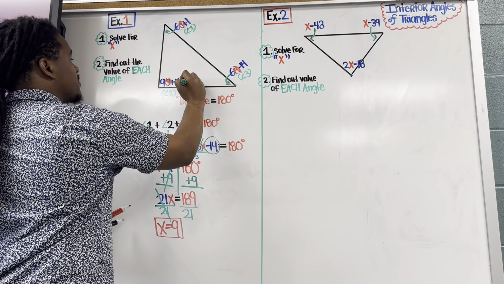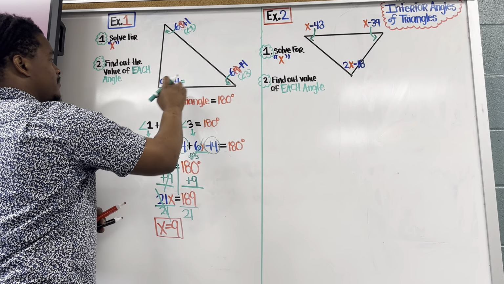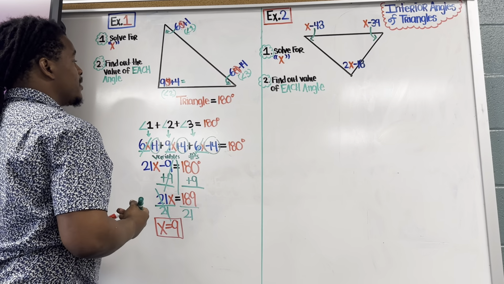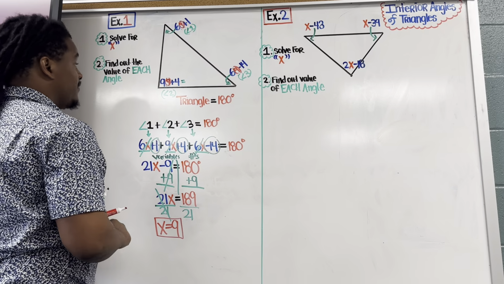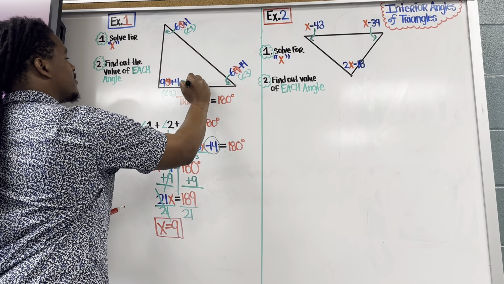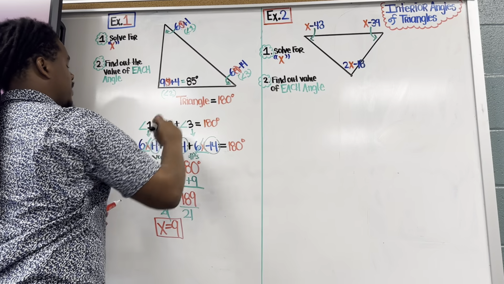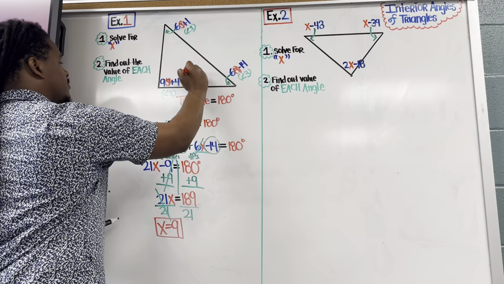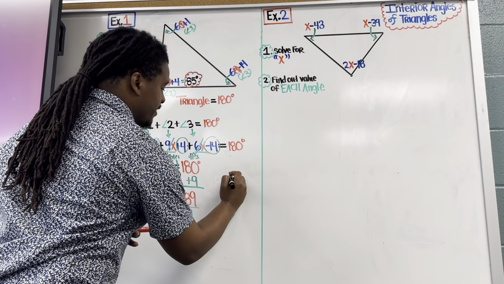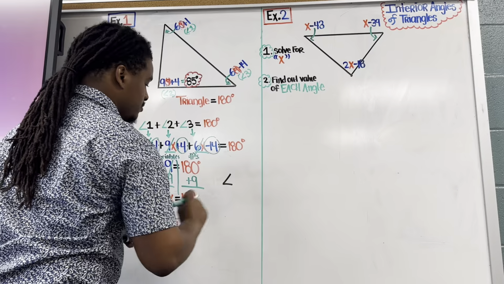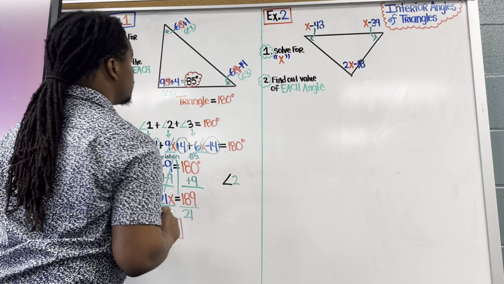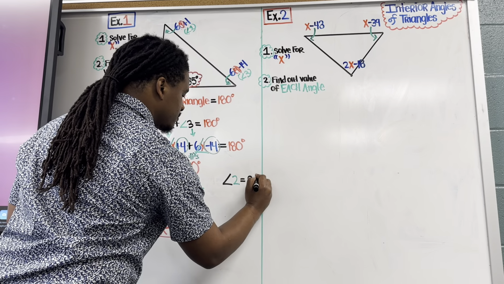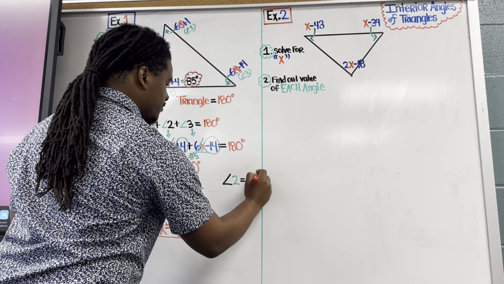So now let's go ahead and solve this particular angle, which is angle 2. 9 times 9 is 81. 81 plus 4 is 85. So angle 2 is 85 degrees.